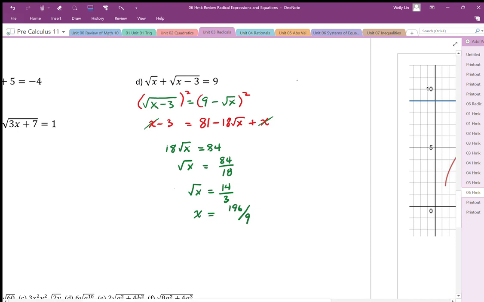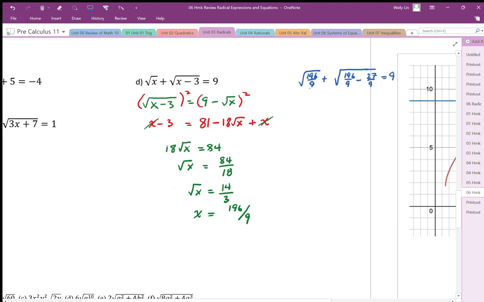Checking this, I get square root of 196 over 9 plus the square root of 196 over 9 minus, and this will be 27 over 9, subtracting the 3, and that should be equal to 9.